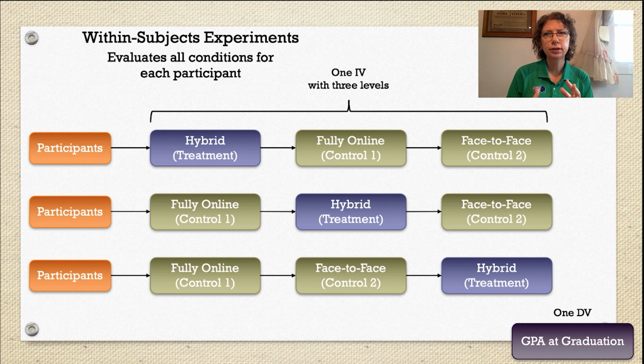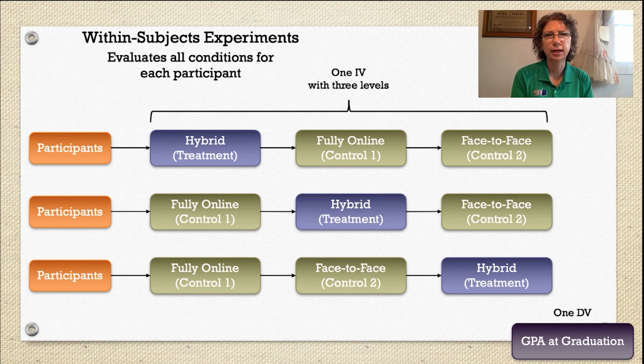So there's different issues that we need to work with when you're setting up a within subjects experiment where the participants see each condition, even with putting hybrid at 3 different locations, in the first, in the second, and the third. There's other issues going on here.